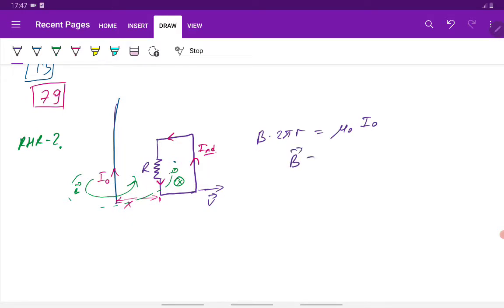So the magnetic field at a distance, let's say this is x, is mu 0 I0 over 2 pi x. So we find the magnetic field due to this current, and the magnetic flux is changing when we push this circuit to the right.